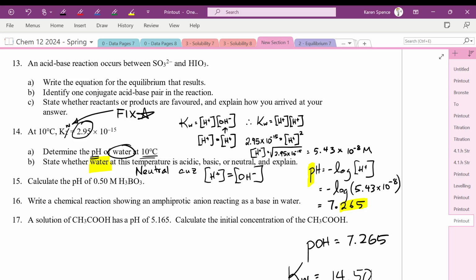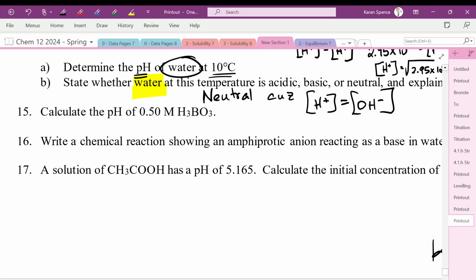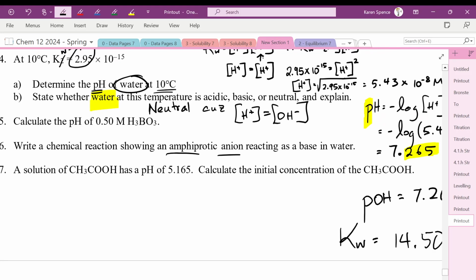So anyway, other questions? Yes? 16? Written? Okay, write the chemical equation showing an amphiprotic anion. So we need a substance which is both amphiprotic and an anion, and we need it reacting as a base in water.